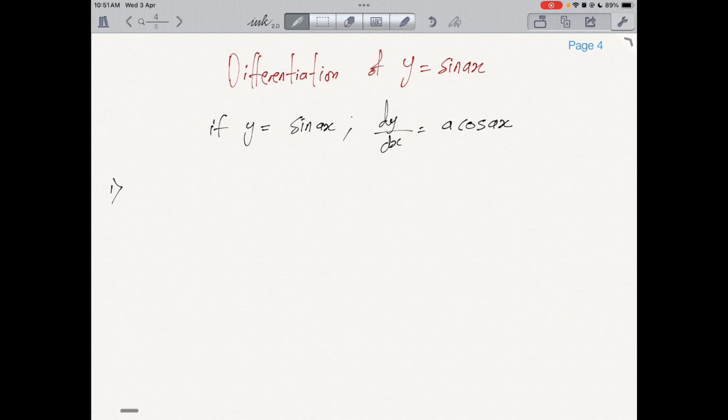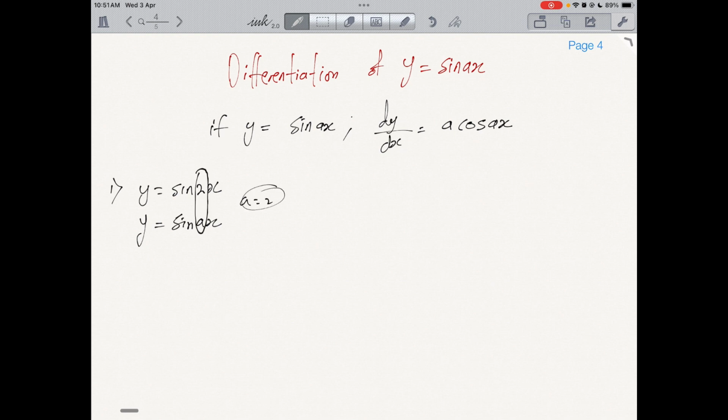Given sine x, let's assume we have sine 2x. y is equals to sine 2x. Now the first thing we'll consider is compare it to sine ax. And when we compare it to sine ax, we have that a is equals to 2.